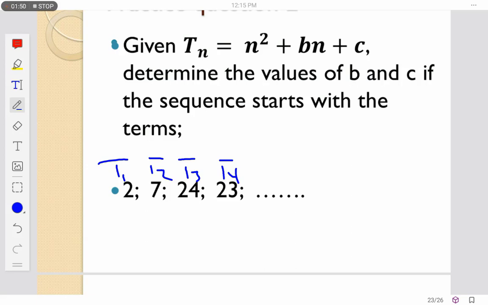With that information, we can find the values of b and c. To start with, we can find the first term.